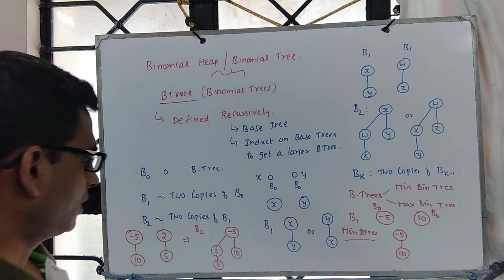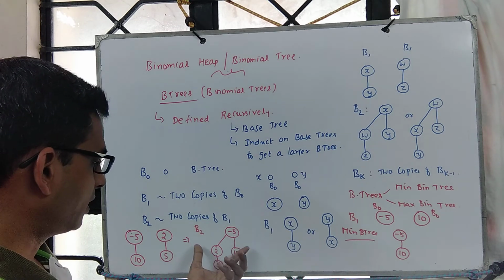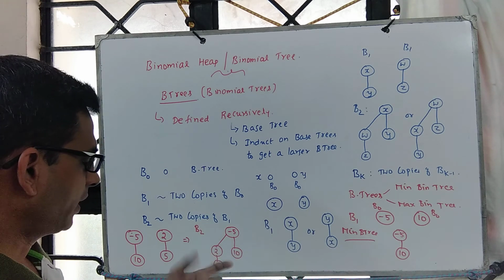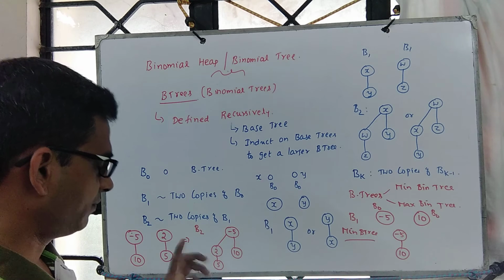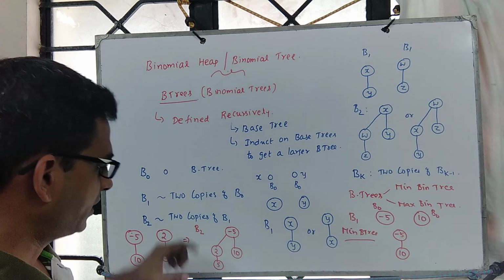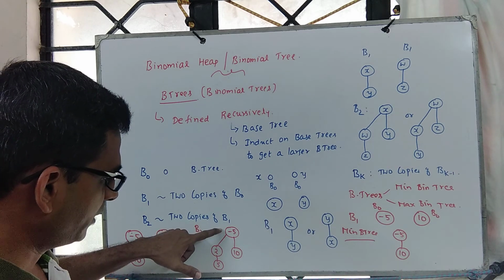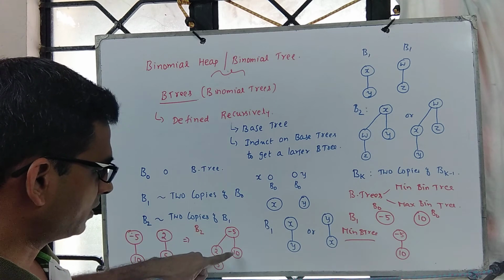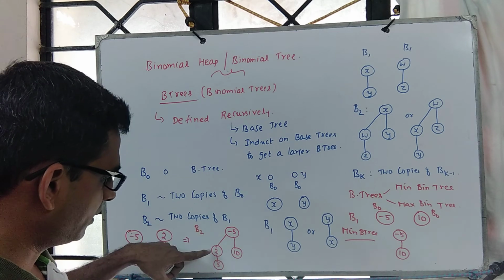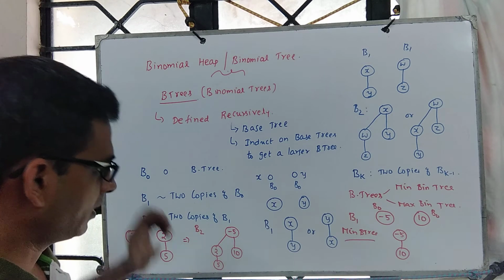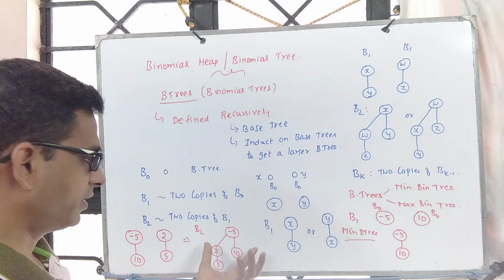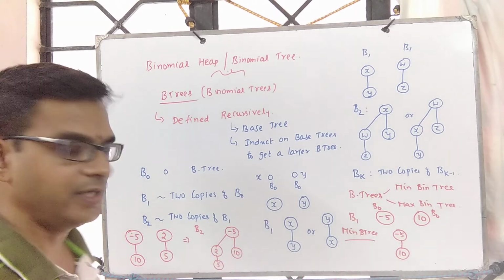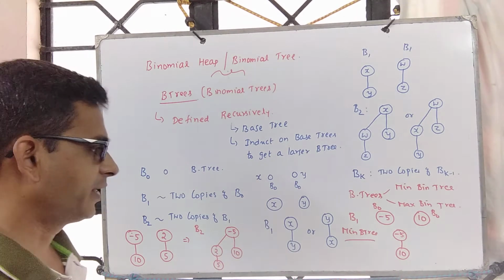So this shows that here is B2, a minimum binomial tree, which has two copies of B1. You see that this contains the minimum for the entire tree, this is the minimum for this tree, this is the minimum for this subtree, and so on. So the way we construct it, we naturally get to see the minimum at the root.